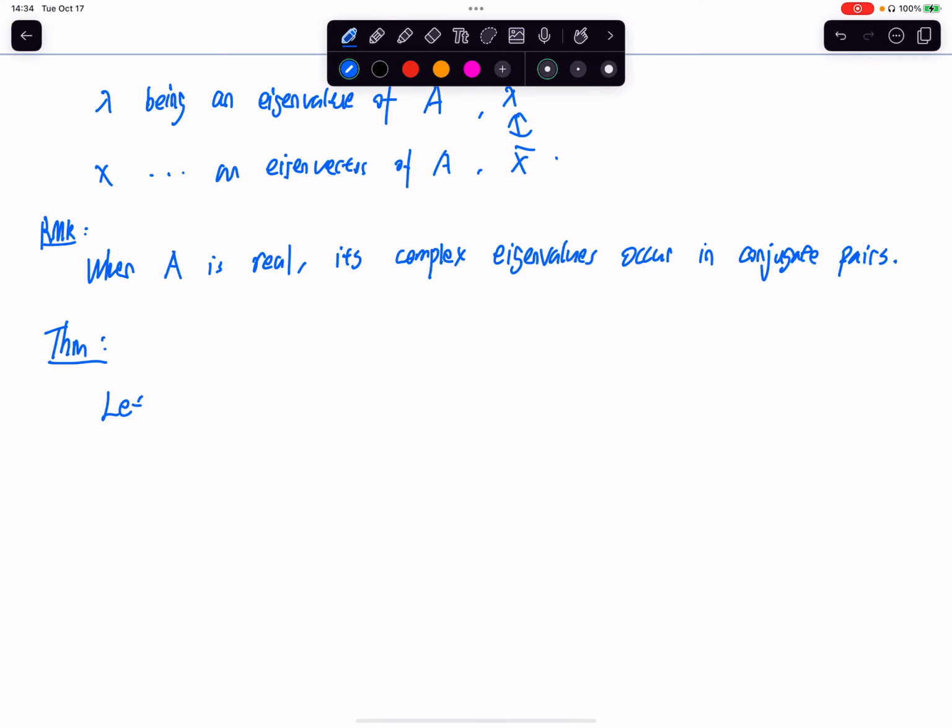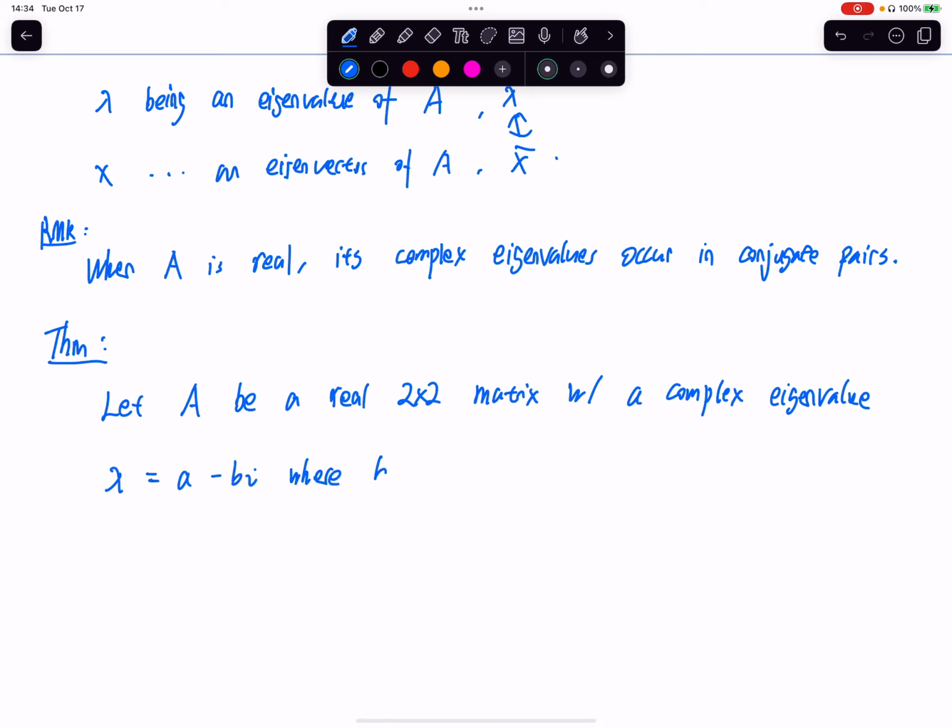Let A be a real 2x2 matrix with a complex eigenvalue lambda equals a minus bi, where b is non-zero, and with an associated eigenvector v in C^2.